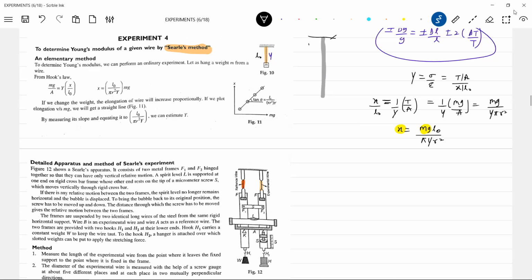In the lab, usually it will be like this. There's an angle. Here there'll be a pan, and here I'm going to put a load, and this is L naught, the initial length without any load. As I increase the load, there will be an elongation. As I keep on increasing the load, the string will elongate. So this is X, you can put it.